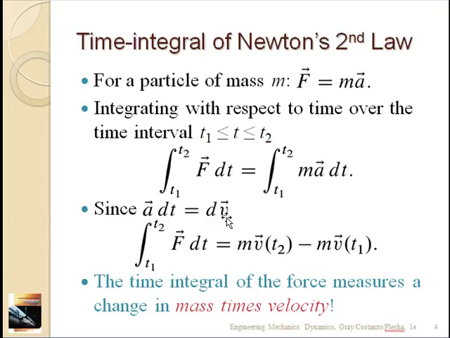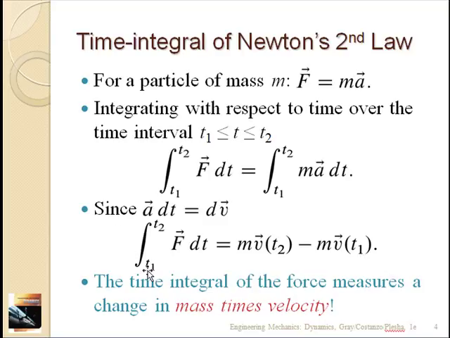So a dt can be written as dv, right? dv/dt is a, so a dt is dv. So this left side, which is unchanged, becomes, we can pull the mass out and we're integrating dv. So we get m times the velocity evaluated at T2 minus the velocity evaluated at T1.